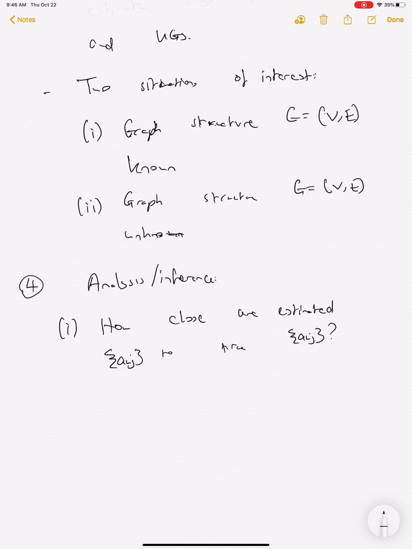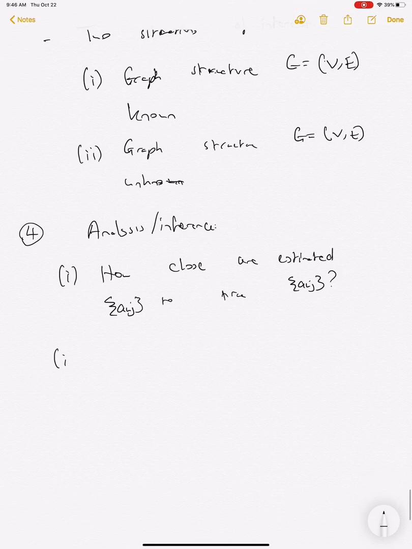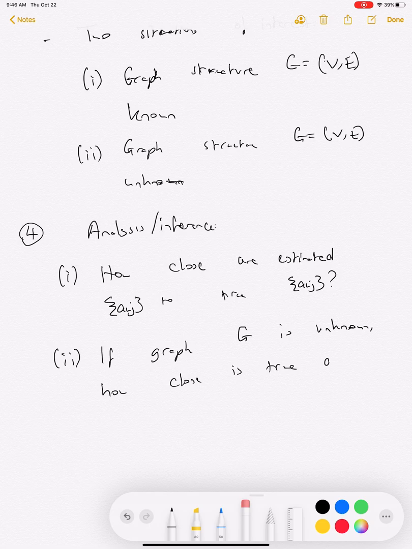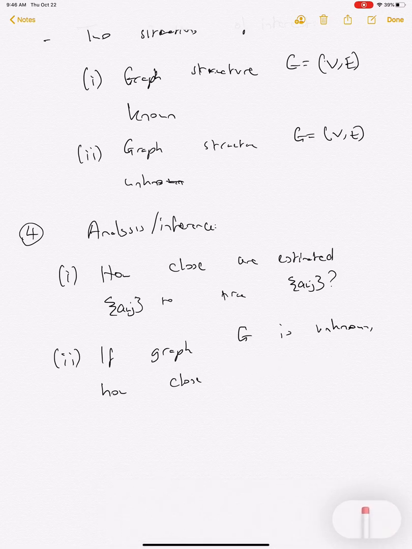That's one thing. But then another one that's often more important for applications is that, if the graph G is unknown, how close is the estimated graph G hat to the true graph?